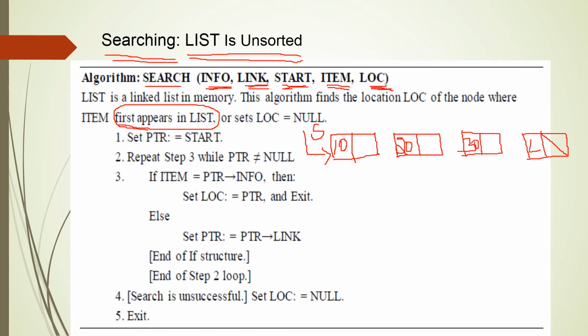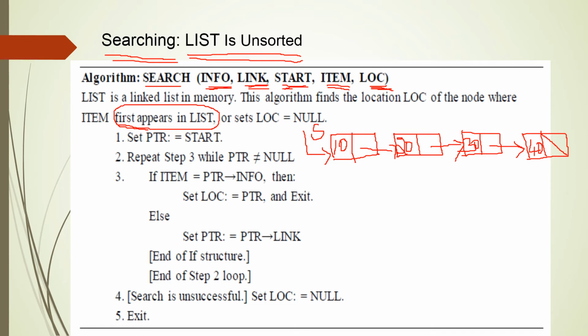These are the elements present in memory. The link field of 10 is pointing to 20, link field of 20 is pointing to 30, link field of 30 is pointing to 40, and link field of 40 contains null because this is the last node.